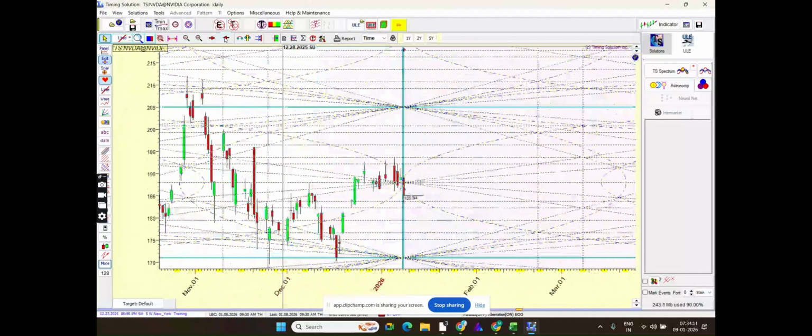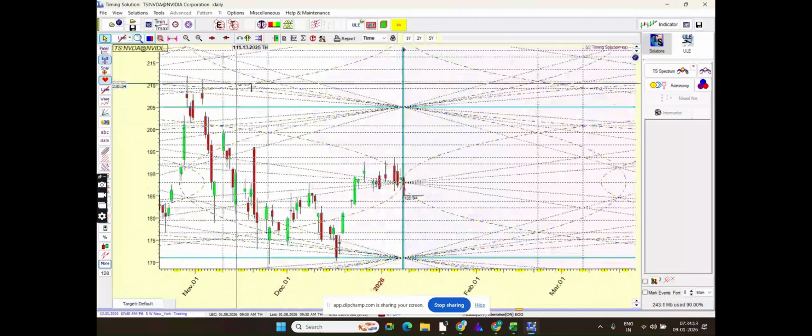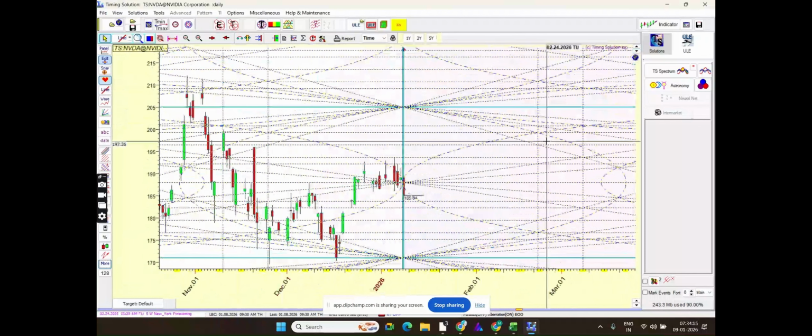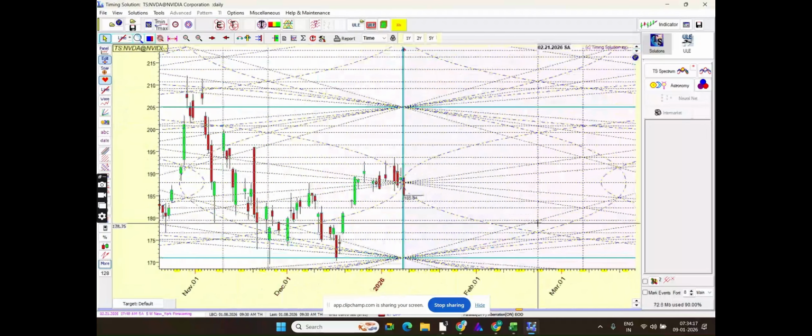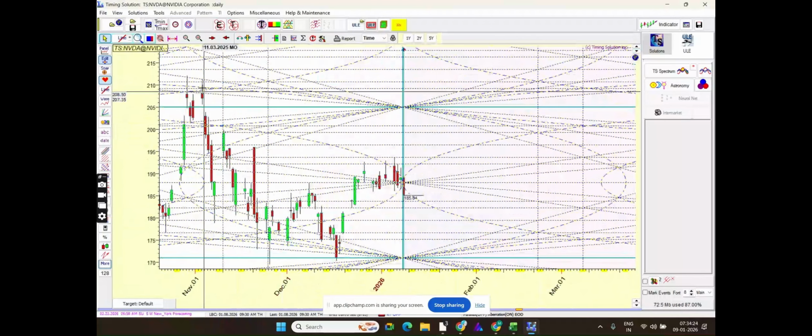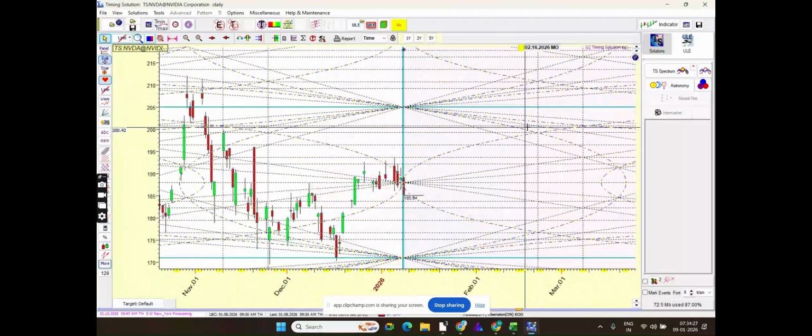Our first time cycle date crosses over this angle, crosses over 2 3 here.